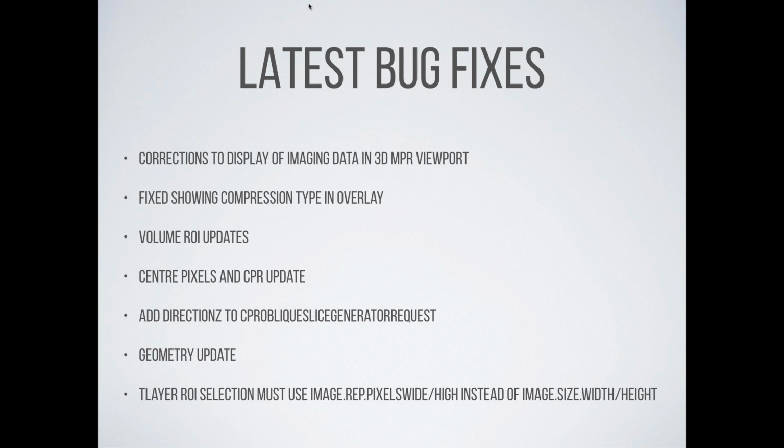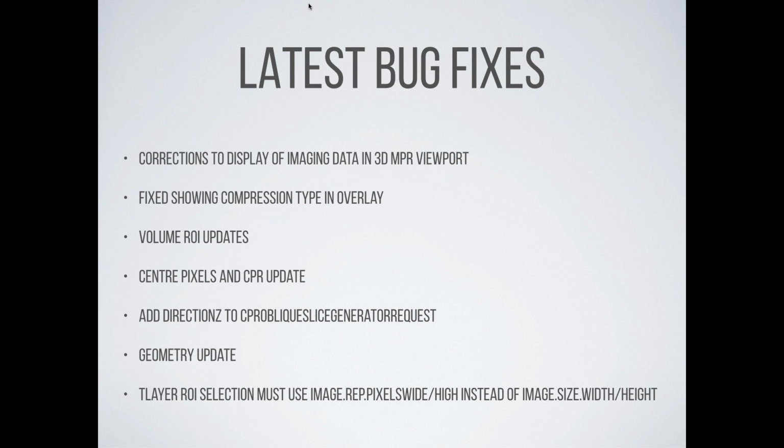Let me talk about some of those bug fixes that Fauzi has helped us with and some of the work that Joel has contributed in more detail. We have corrections to the display of imaging data in the 3D MPR viewport. Thank you, Fauzi. We fixed showing compression types and overlays, volume ROI updates, center pixels and CPR updates.